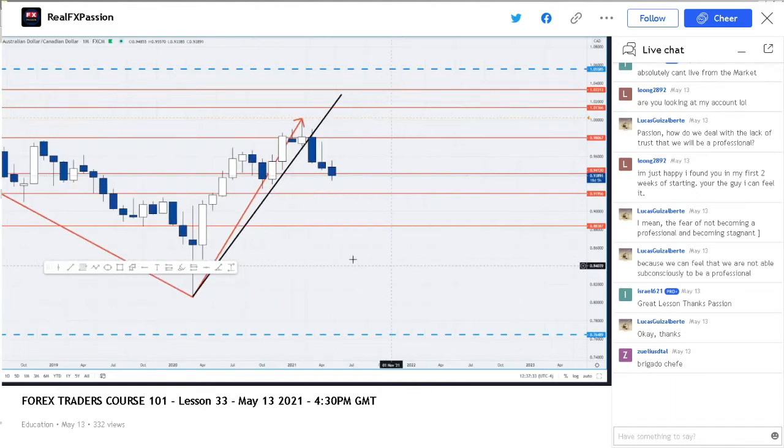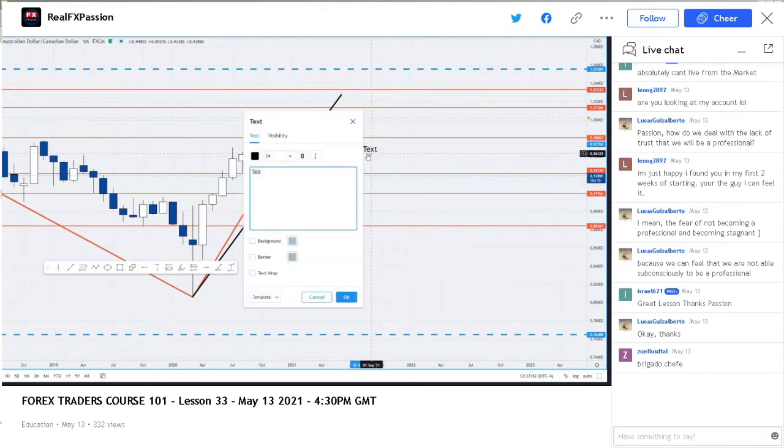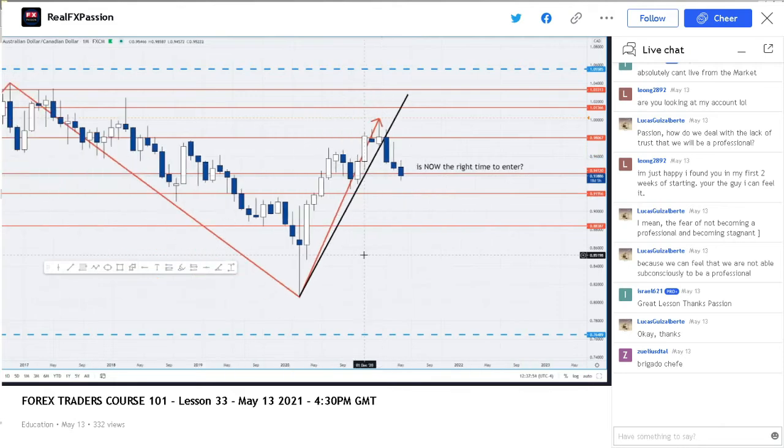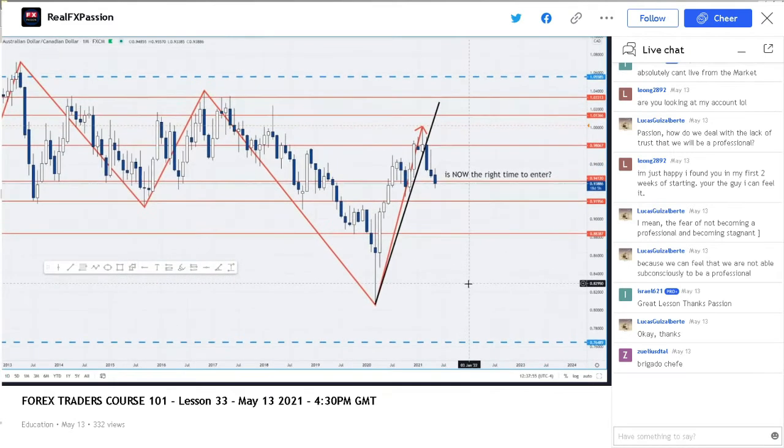So here is the question from the monthly standpoint: is now the right time to enter? What would you say? Is now the right time to enter, going short on AUD CAD right now, monthly chart?